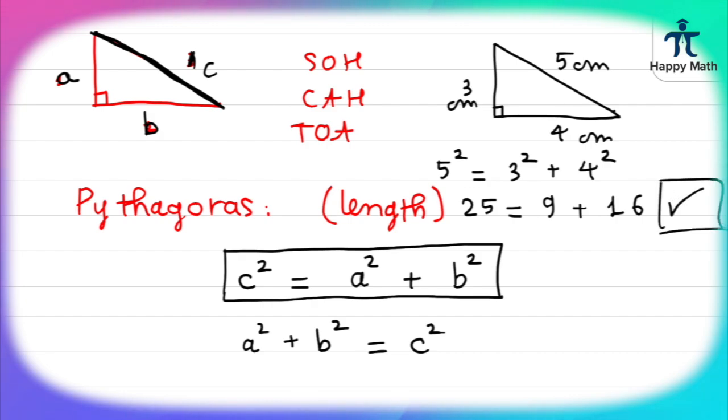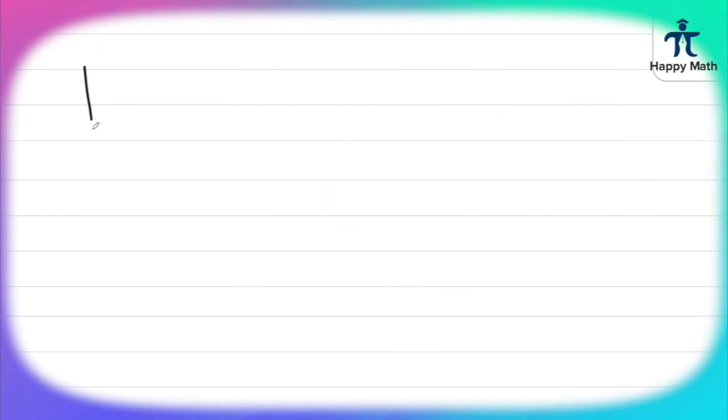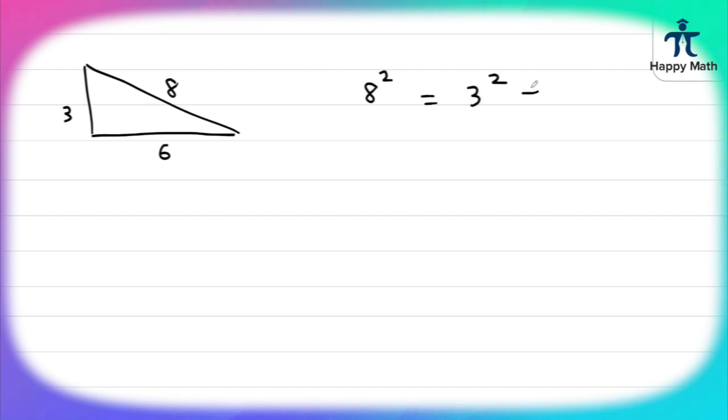And how about if the sides don't satisfy the formula? For example, I have a triangle with sides 3, 6 and 8. How about this triangle? The longest side is 8 squared, and then you have 3 squared plus 6 squared. 64 is one side, and 9 plus 36 is the other side, which gives 45.